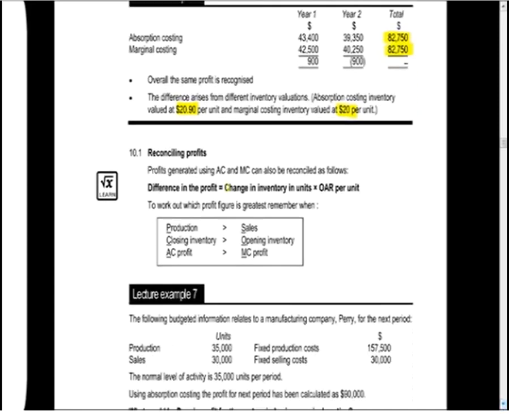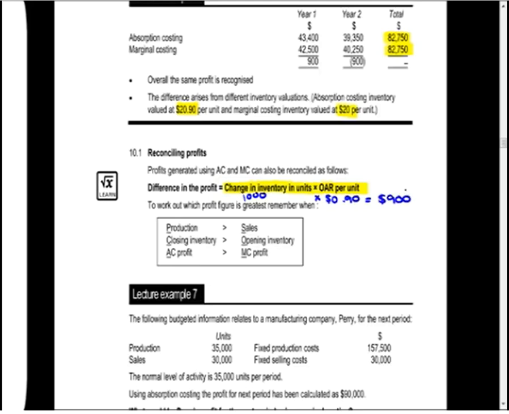So the difference in profit is the changing inventory in units multiplied by the overhead absorption rate per unit. So in our previous example, we had 1,000 units difference and the overhead absorption rate was 90 cents per unit. So we ended up with a difference of 900.